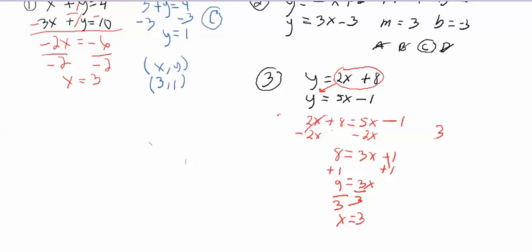Take the 3, and I'm going to plug it in. The top one, I think y is equal to 2 times 3 plus 8. Y is equal to 6 plus 8. Y is equal to 14. So my x is 3, my y is 14. And if I look at my answer choices, that is going to be answer A.